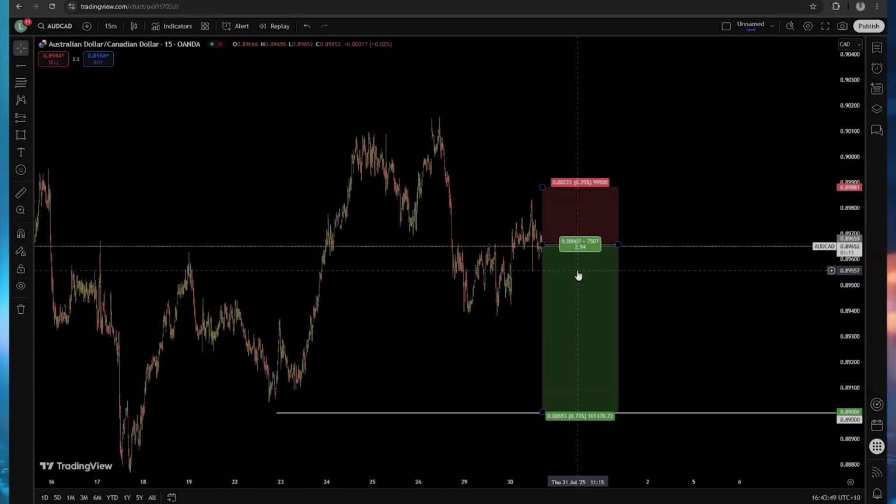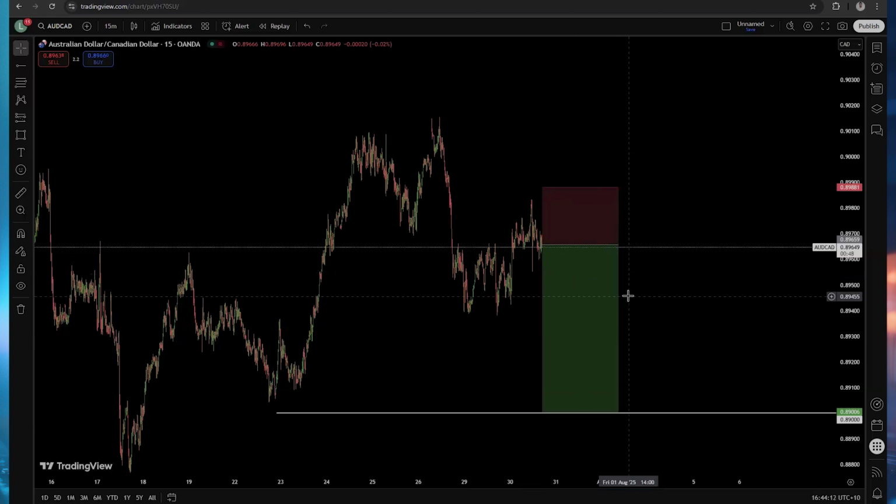So if you're risking, let's say, $5, $10, $100 on your stop loss, you will be getting back around $15, $30, around $300 to $150. So it's a good trade. It's nearly 3-1, really good trade.